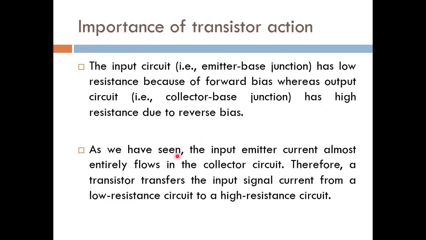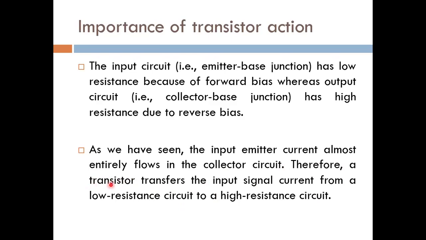So we can say that the input emitter current almost entirely flows in the collector circuit. Therefore, a transistor transfers the input signal current from a low resistance circuit to a high resistance circuit. And that is the meaning of the word transistor, that is transfer and resistor.